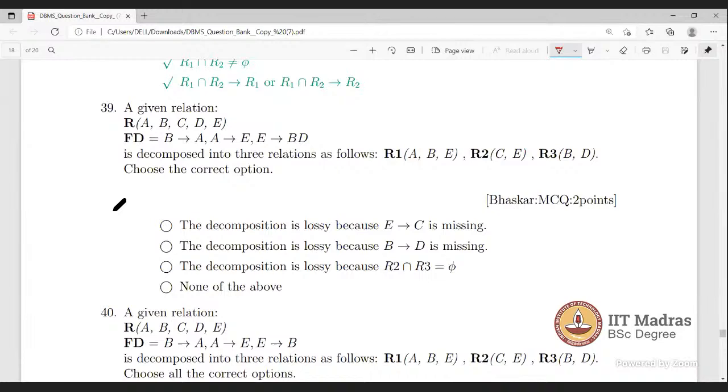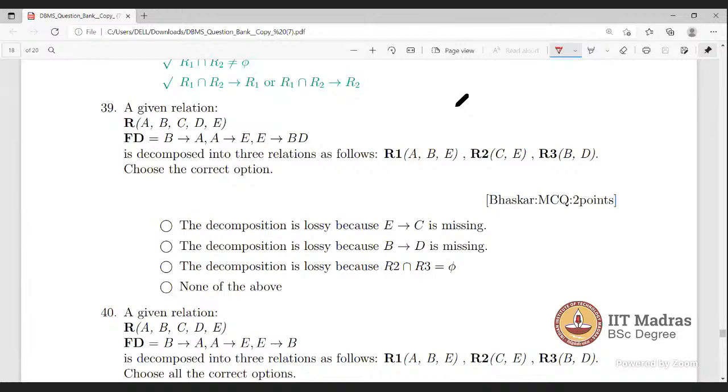But while you are combining the tables after decomposing, you can do that in any order. You can have combinations of R1 with R3, R2 with R1, R2 with R3. You have to check all possible combinations. If in any order you find that combining the tables is lossless, then we can conclude the whole decomposition is lossless.